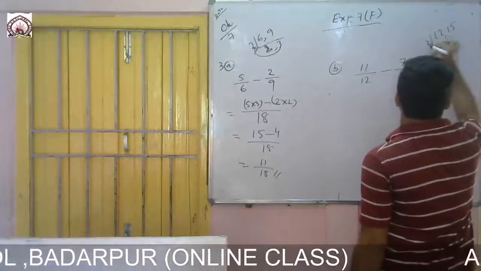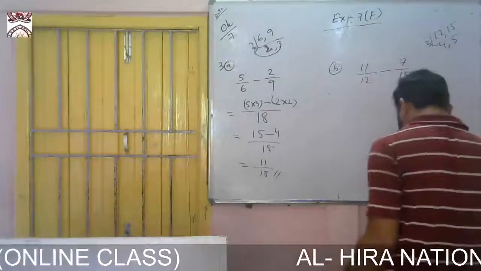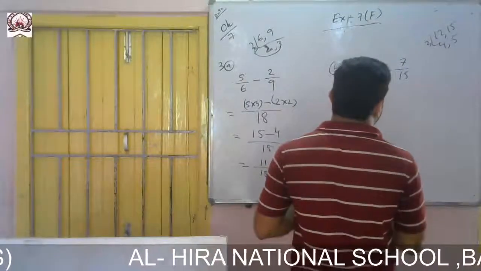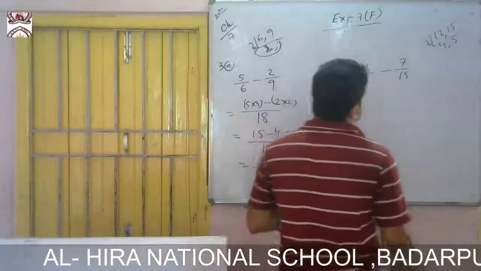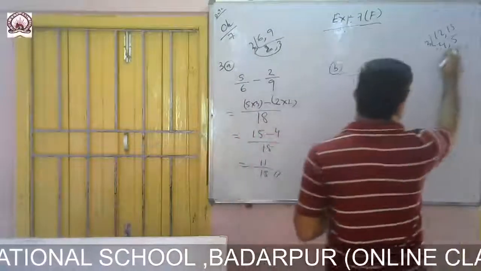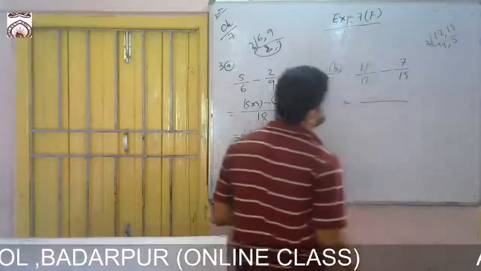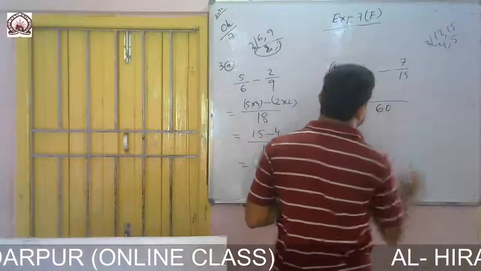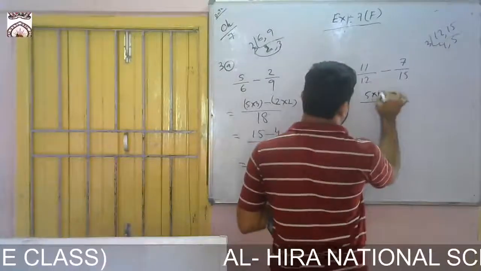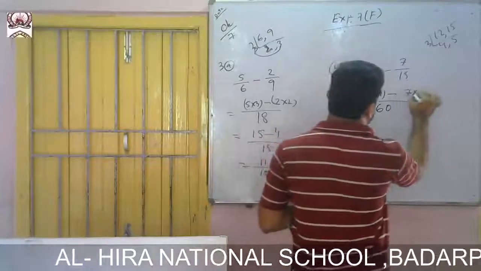If you take, then 3 4s are 12, 3 5s are 15. So 4 5s are 20, 20 3s are 60. Then 12 5s are 60, so 5 into 11, minus 15 4s are 60, so 7 into 4.